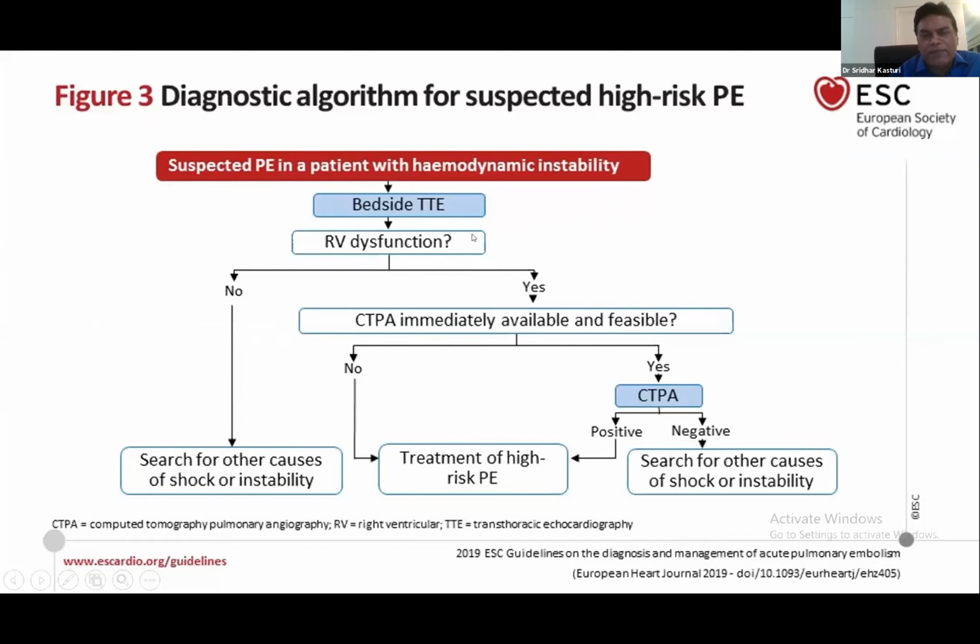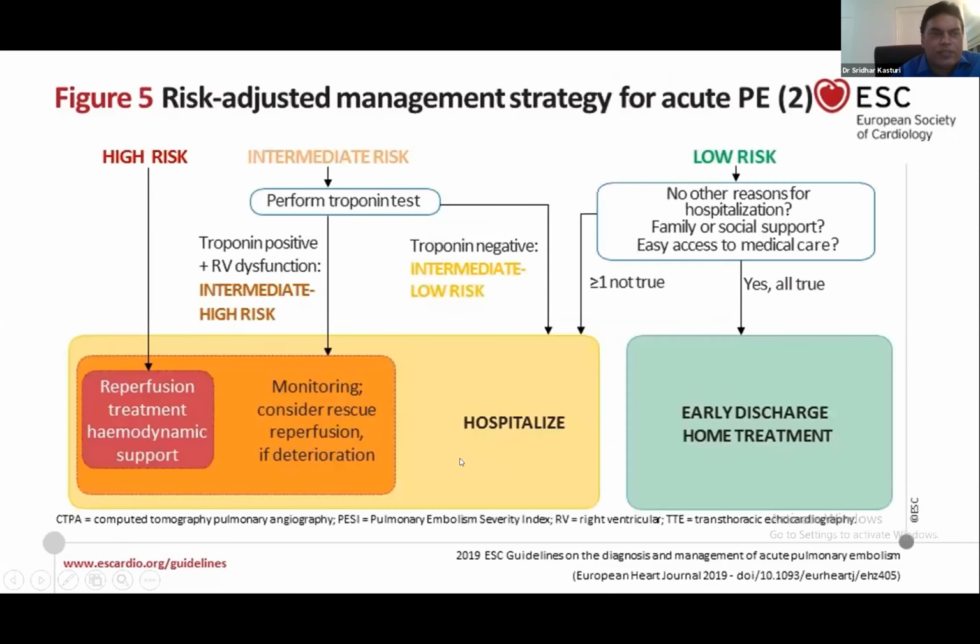So echo plays a very crucial role. If the RV function is abnormal, and if you have a CTPA, immediately get the CTPA. If positive, treat it like a high risk PE. If negative, pulmonary embolism not on CTPA, search for other causes. If you don't have a CTPA, straight away you can thrombolyse.